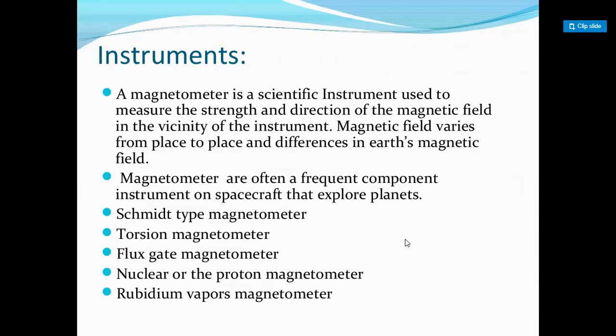Magnetometers are often a frequent component instrument on spacecraft that explore planets. Different types of magnetometers are used: schmidt type magnetometer, torsion magnetometer, fluxgate magnetometer, nuclear or proton magnetometer, rubidium vapor magnetometer.